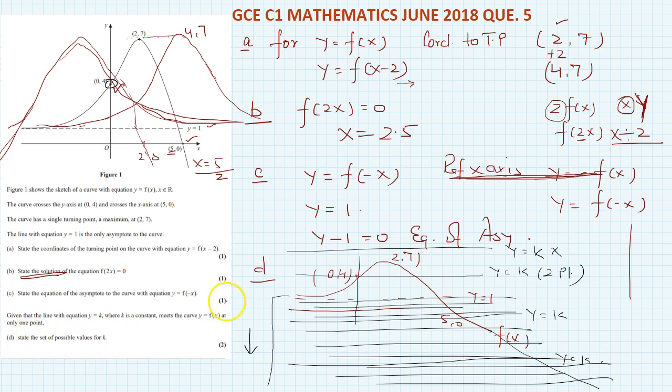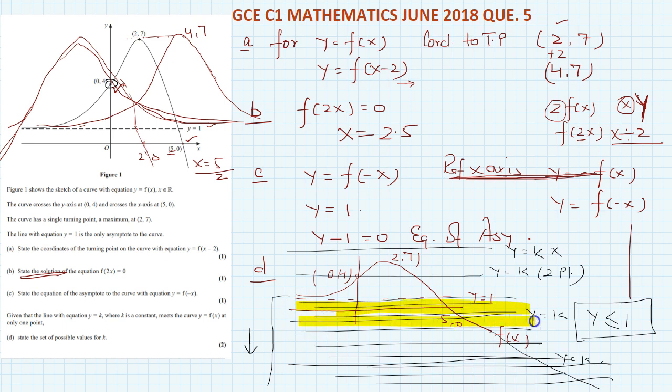State the set of possible values of k. So what are the values of k? y is equal to k means which values of y? So y is less than or equal to 1. For all these values, we start from here.